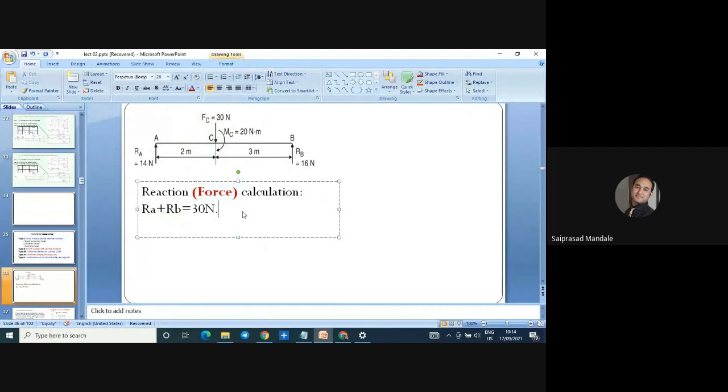Now, the moment at A, that is the summation of moment at A. So the summation of moments about A, we are going to write.